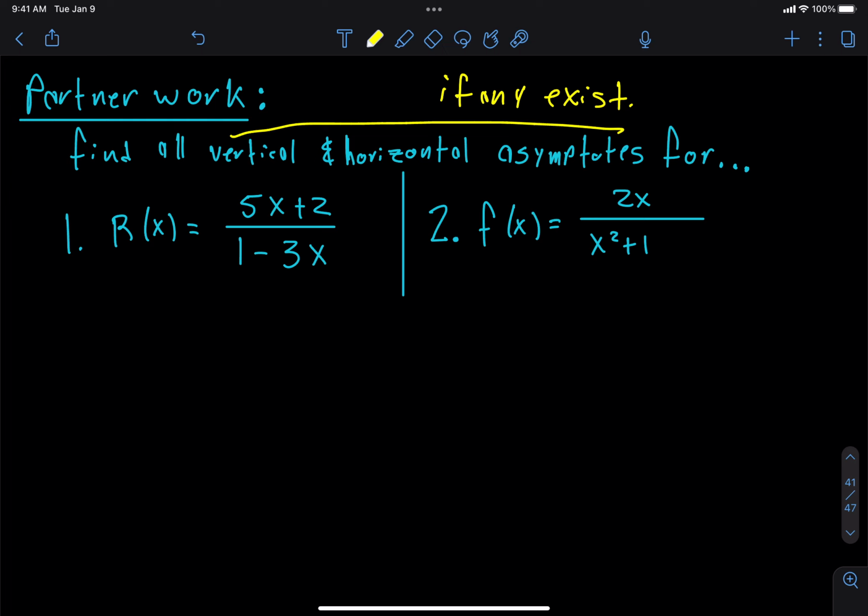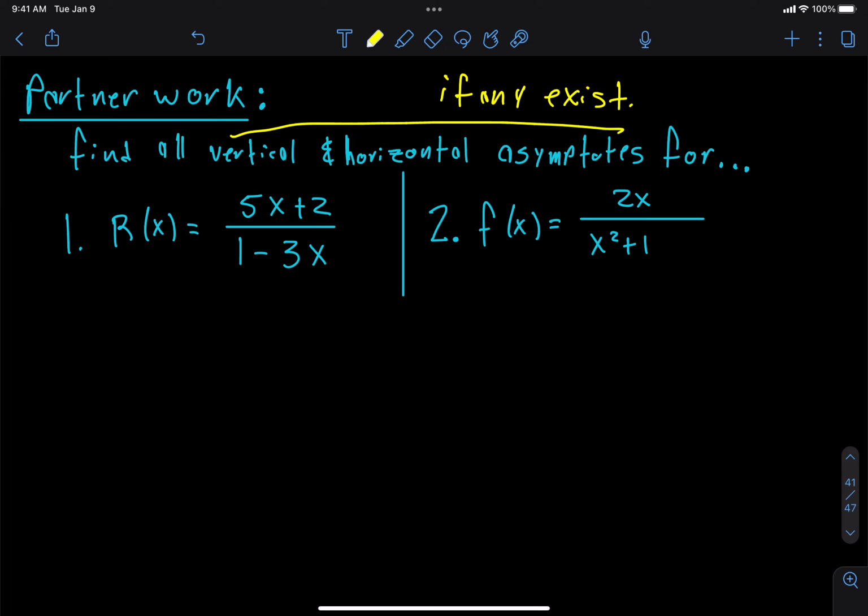So if you plug in 1/3, multiply by 3, you get 1, right? And 1 minus 1, that's a 0 in the denominator. Are we going to have a vertical asymptote if we have a 0 in the denominator every time? Not every time. We also need to check to make sure that it's not a 0 over 0.